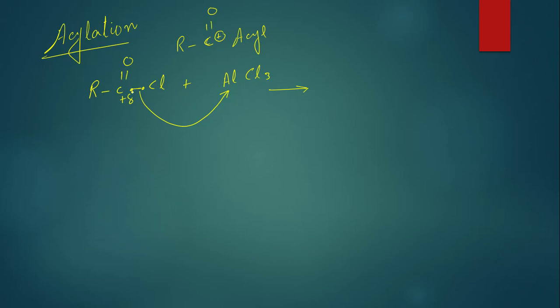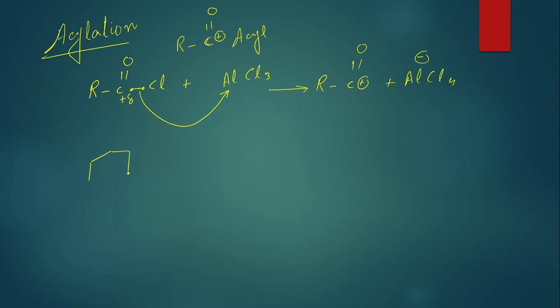The electron of carbon also moves, so we get R, carbon double bond oxygen, plus AlCl4 negative. So this is our required strong electrophile.